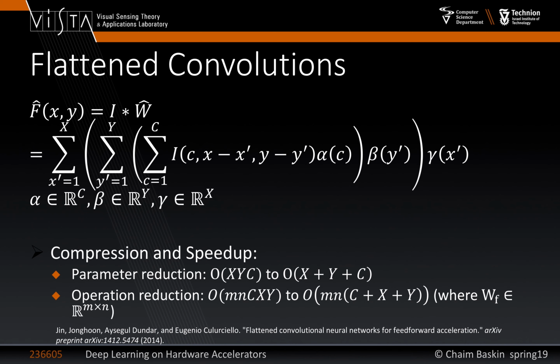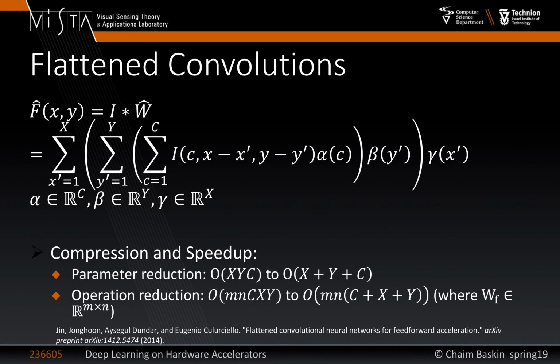As you can see, this is our f. Instead of making one big sum over the whole cube, we are making our sum on each of the 1D convolutions separately.